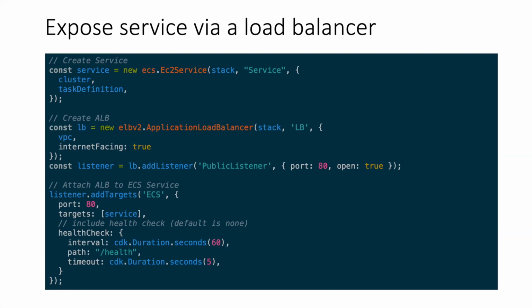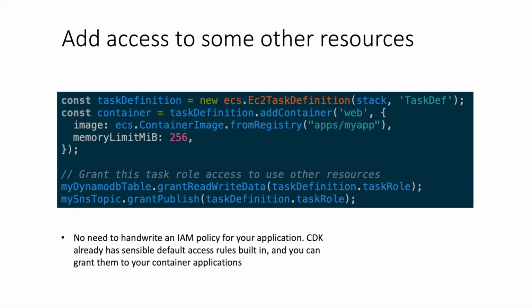I can control these ports directly. I can control these health check intervals and paths and timeouts directly if I want to. This is an ECS pattern that I particularly enjoy. A lot of times when you're creating a container, the container needs to connect to other resources on your account.